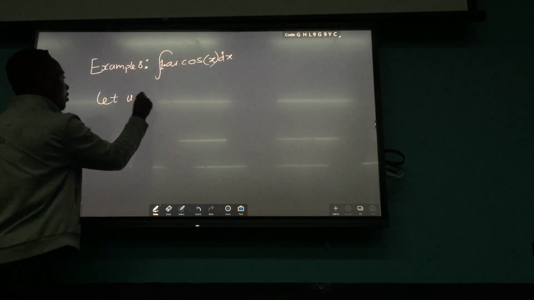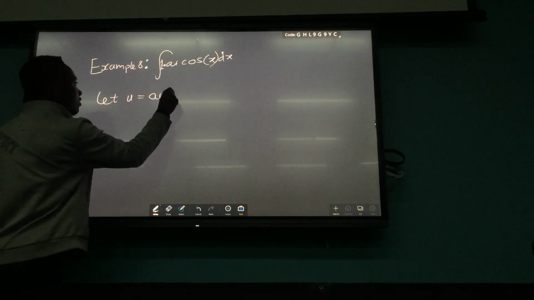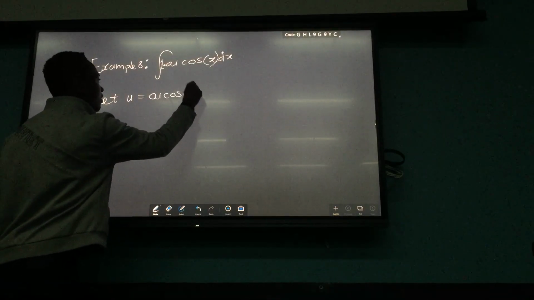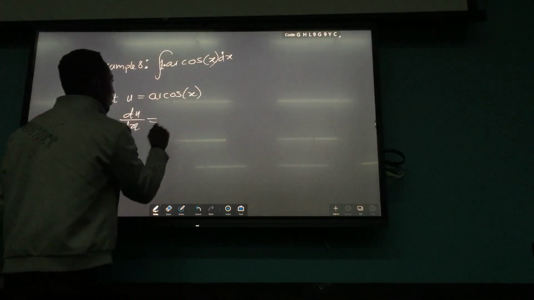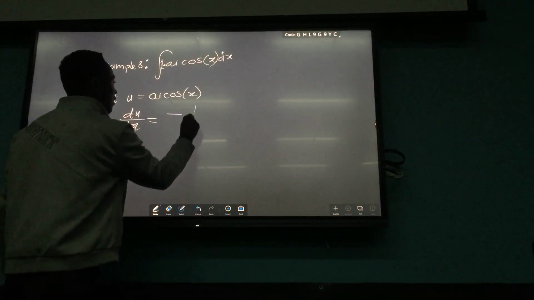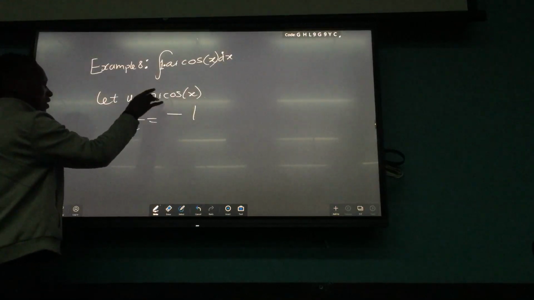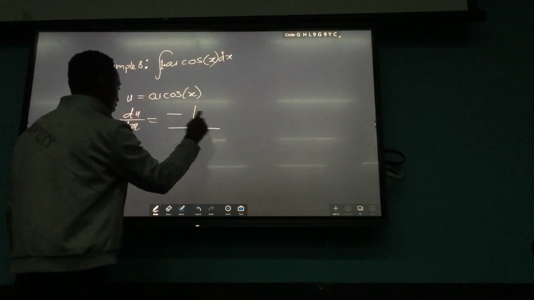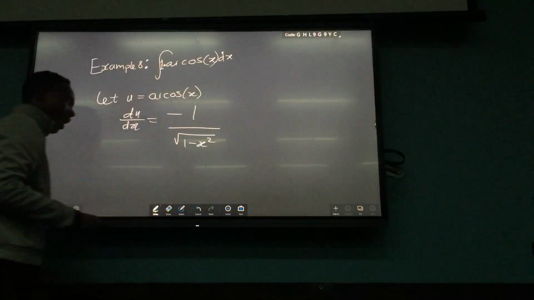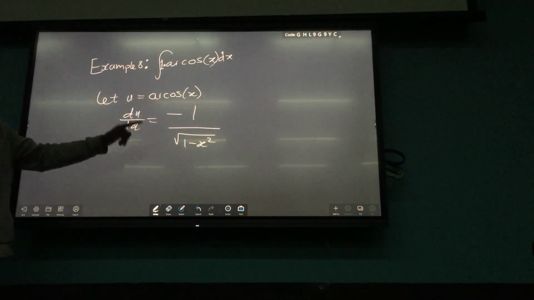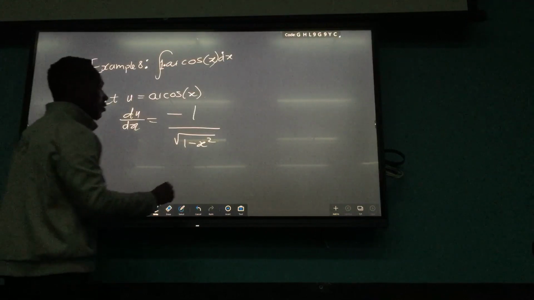So we're going to let u equal arccos of x, meaning du over dx is going to be equal to minus. Remember, for arcsine it's just 1 over the square root of 1 minus x squared, but for arccos it's going to be minus 1 over the square root of 1 minus x squared.